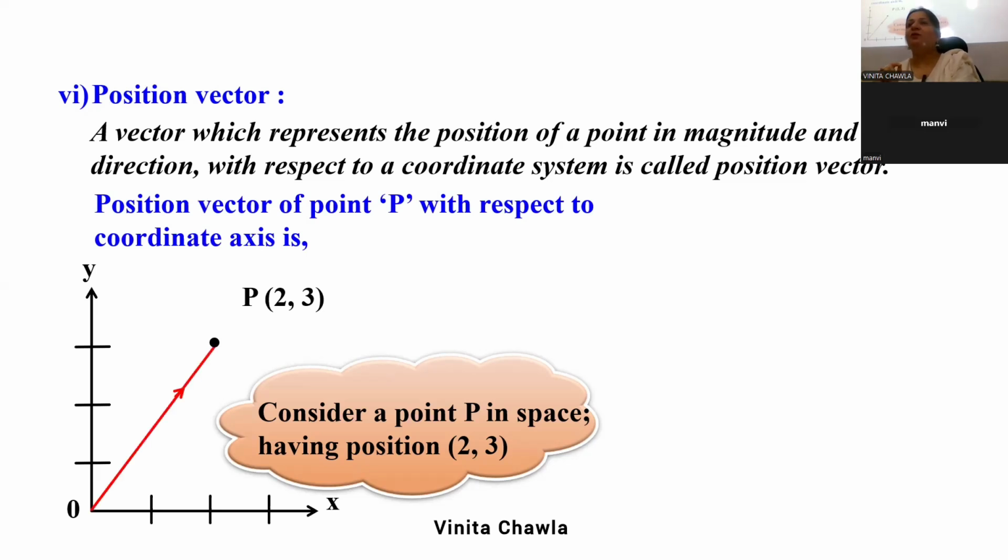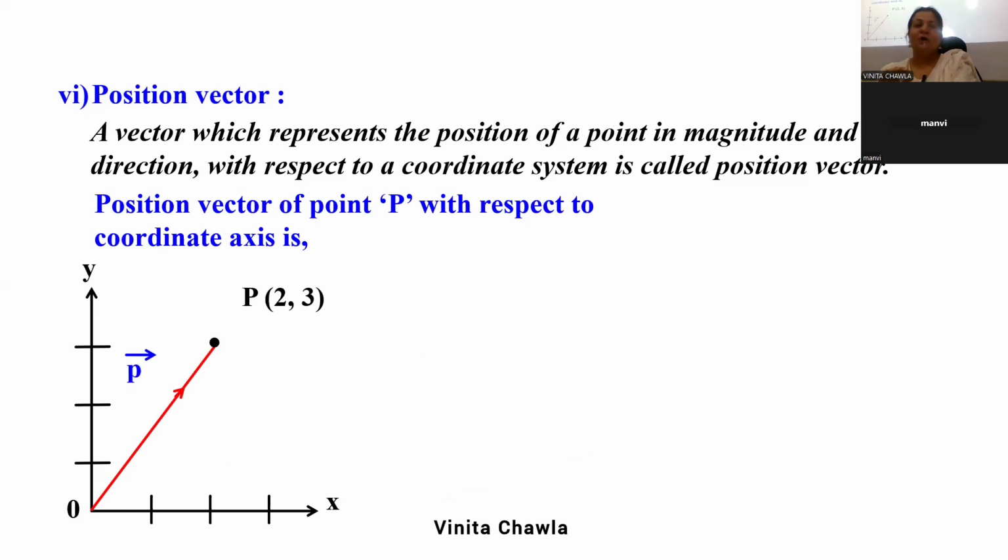What are the coordinates of origin? 0, 0. X is 0, Y is 0 at origin. So 0, 0 are the coordinates of origin, and the coordinates of this point P are given, 2, 3. So how do we write the position vector? Let vector P be vector OP.